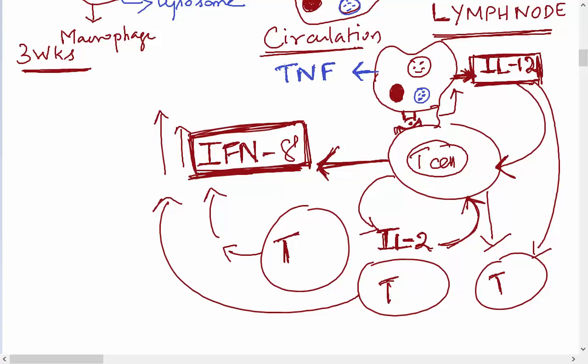Okay, understand? So this TNF plays a role in recruiting the macrophage. You all understand this meaning? Recruiting means bringing the macrophage.